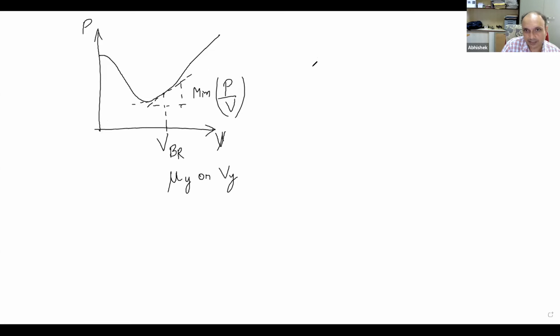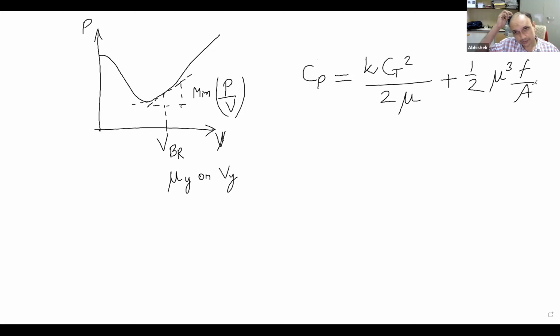And interestingly, it is not off by so much. So my expression for power Cp equals kappa Ct square by 2 mu plus my parasite power, half mu cube F over A. All right, so that's my expression for power, having ignored the expression for profile power.